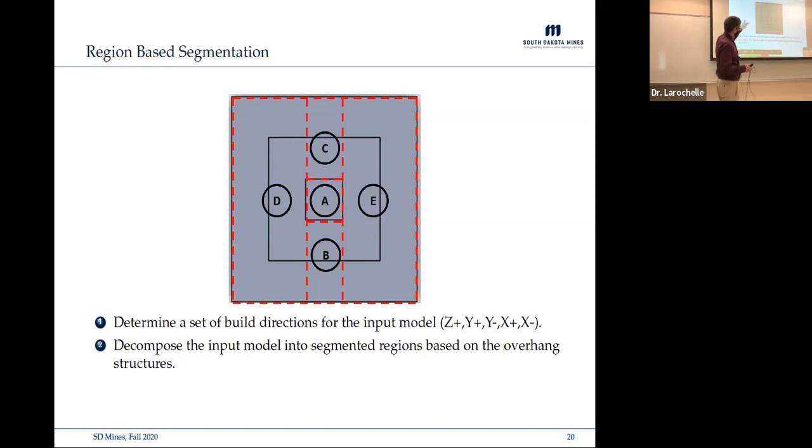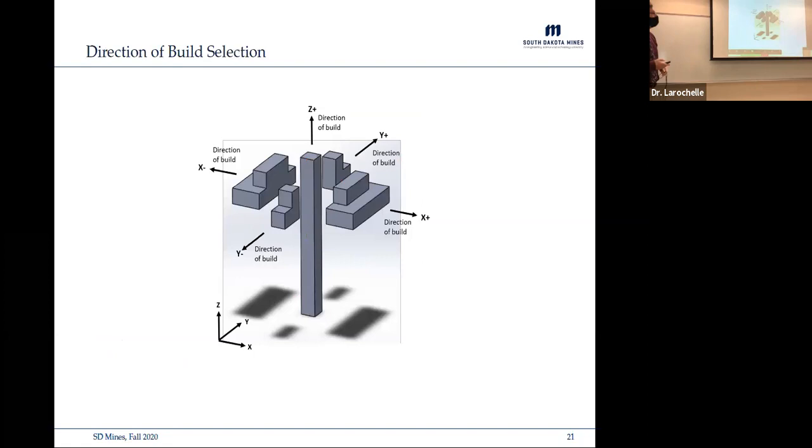Because if you look at this geometry, you can build this just going in those 6 directions. So after we segmented it, we wanted to determine the build directions for each of those segments. And then of course, the way it was decomposed was taking into account the overhang which is happening, so that we can try and make it all in one print.